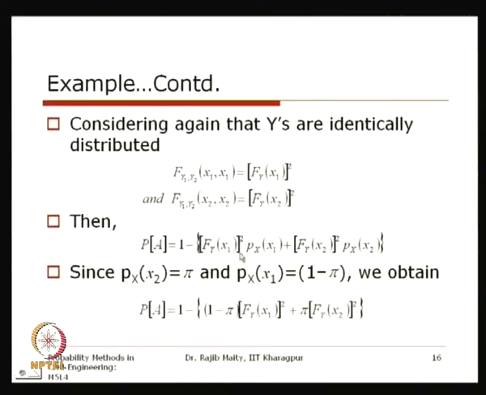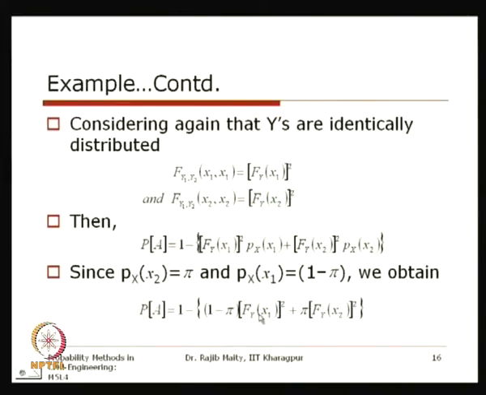Now, these two are known: the probability of x2 equals pi and the probability of x1 equals 1 minus pi. So, putting this expression in, we obtain that the probability of failure equals 1 minus the quantity 1 minus pi multiplied by f y for x1 whole squared, plus pi multiplied by f y for x2 squared.